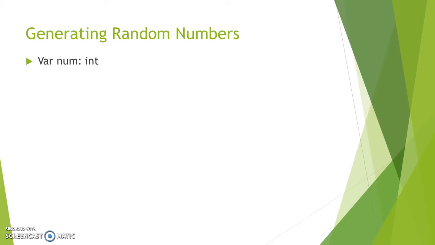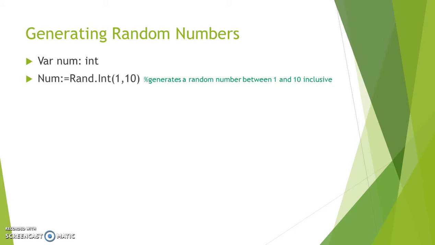So first, let's talk about how we generate a random number. We do that with a simple command. We can, first off, declare our variable, and then we can generate a random number. In this case, as you can see from my comment line, we're generating a random number between 1 and 10.